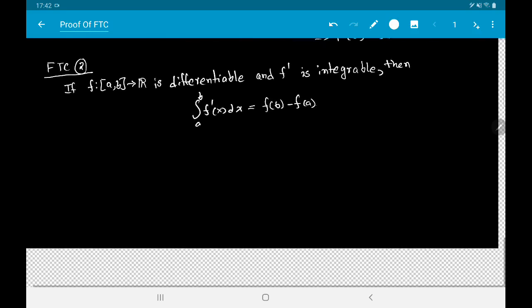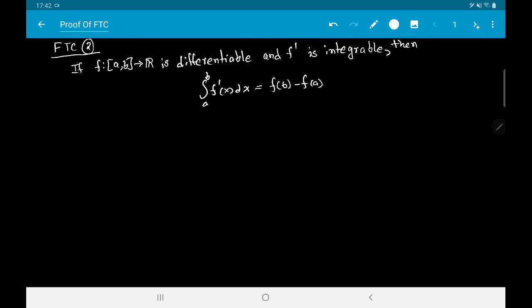This is what you have been doing in your high school, and you are now going to see a formal proof of this fact that you have seen so many times.